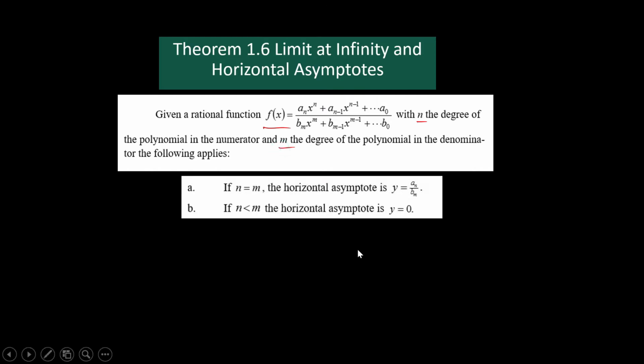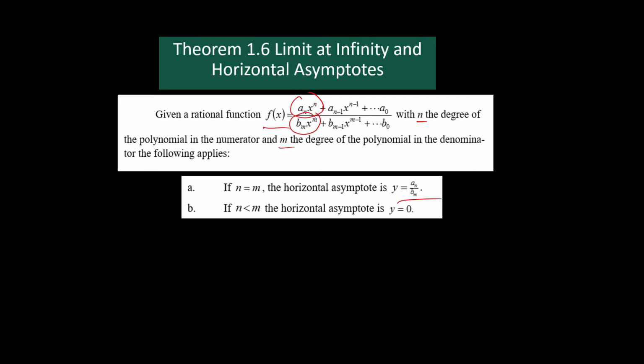Given a rational function, where the degree of the polynomial in the numerator is n, and the degree of the polynomial function in the denominator is m. If n is equal to m, the horizontal asymptote is just the numerical coefficient of the leading term in the numerator divided by the coefficient of the leading term in the denominator.